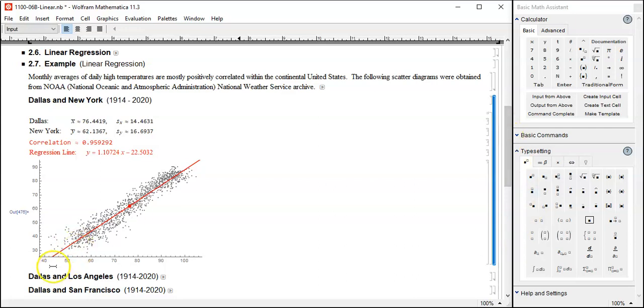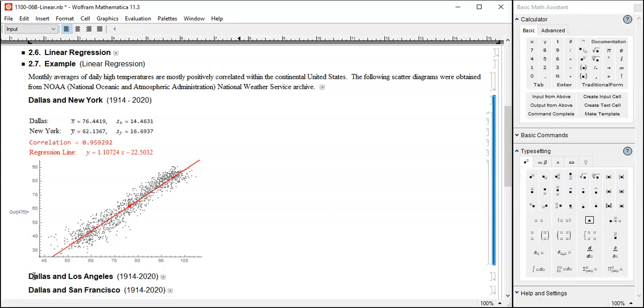Anyway, as you can see, we have a nice linear correlation between the two cities. As the Dallas high temperature goes up, the New York high temperature also goes up, and each dot, which represents a month, is really tightly packed around a certain line of best fit.